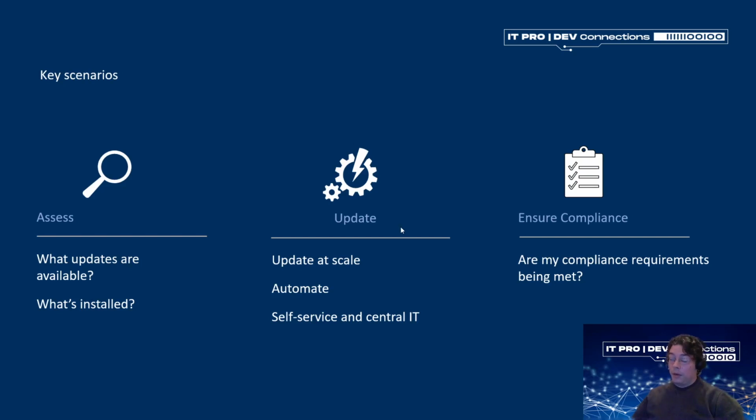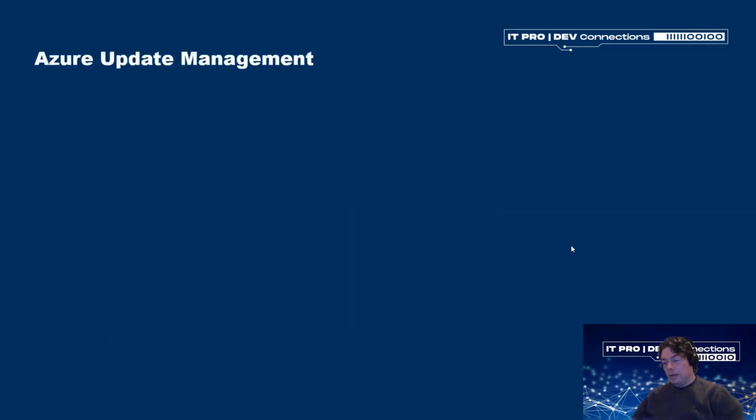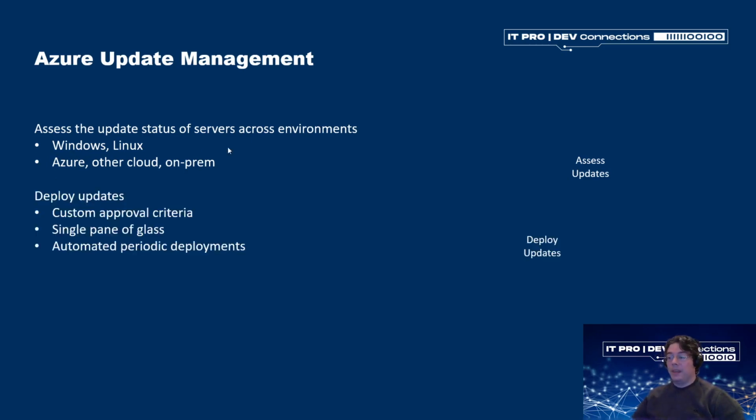Key scenarios that we need to cover are to answer what updates are available, perform the updates in an automated way at scale, and ensure the compliance. The assess means that we need to be sure about the status of the updates on each server.